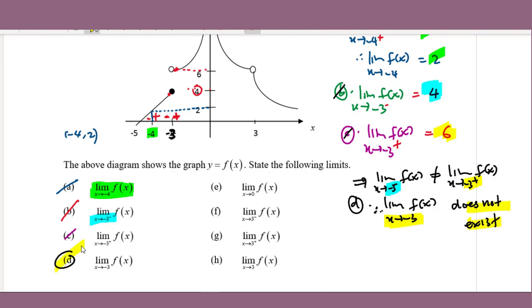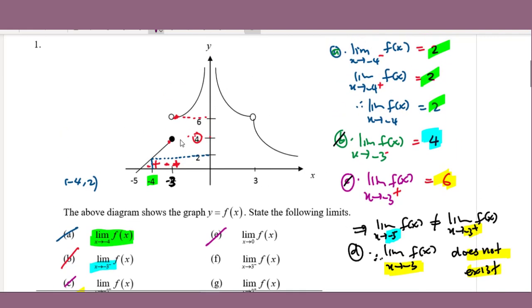That settles D. For E, the limit of f(x) as x approaches 0. Zero is here. From the left, the limit is equal to positive infinity. From the right, also positive infinity.